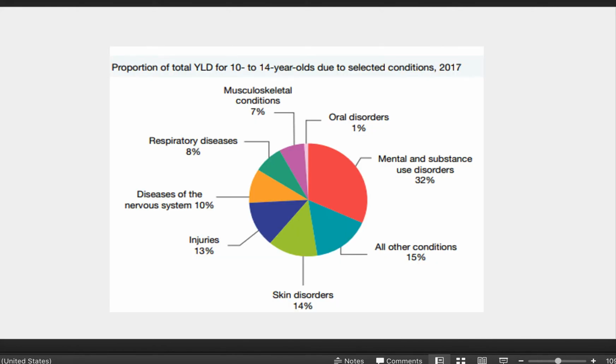So, in the 10 to 14-year-olds in that same year of 2017, the following diagnoses were made, and these people continued to live their life. However, they were potentially not able to live their life in a regular status due to their diagnosis of disease, disability, or illness.